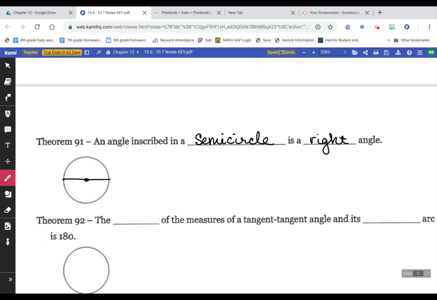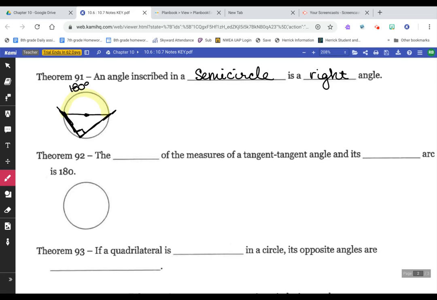And let's put an inscribed angle in there. So if I put an angle from there to there, this would be 90 degrees. You could actually have come up with this conclusion on your own because an inscribed angle is half of the intercepted arc. Well, if it's a semicircle, that arc is going to be 180 degrees. Therefore, this angle would be 90.